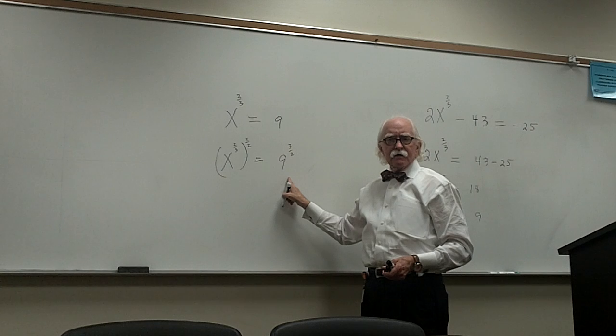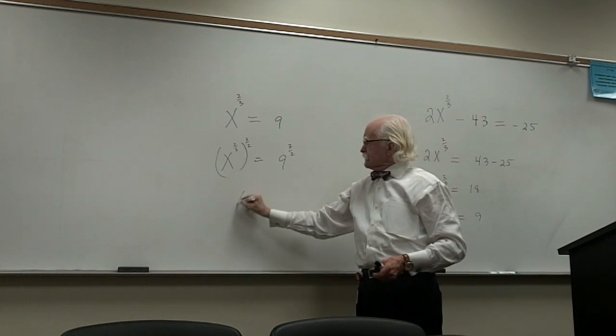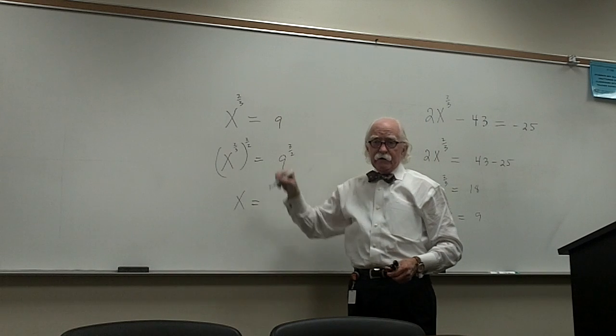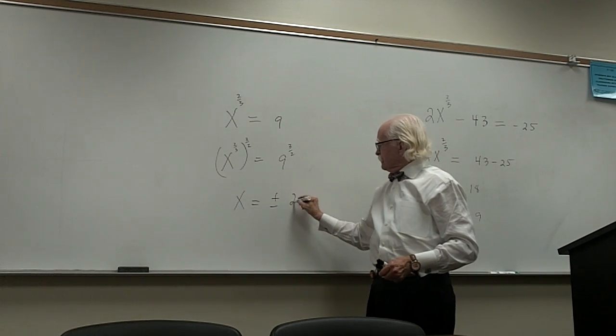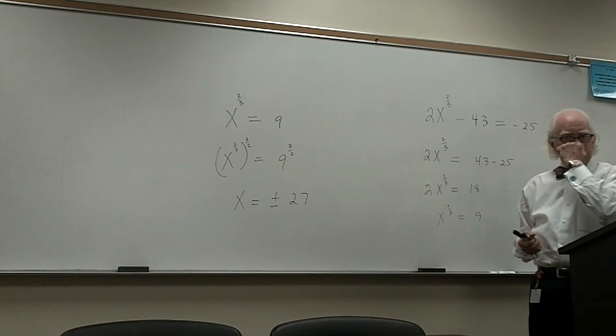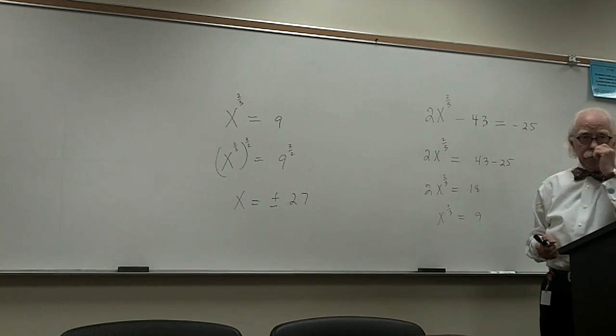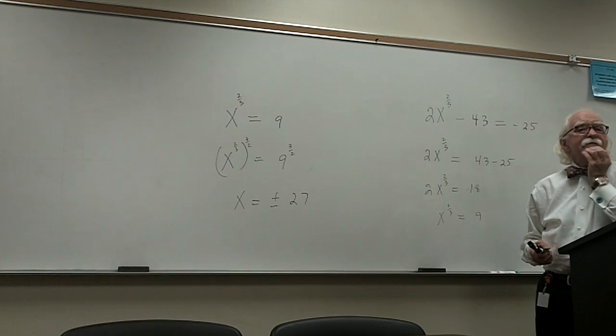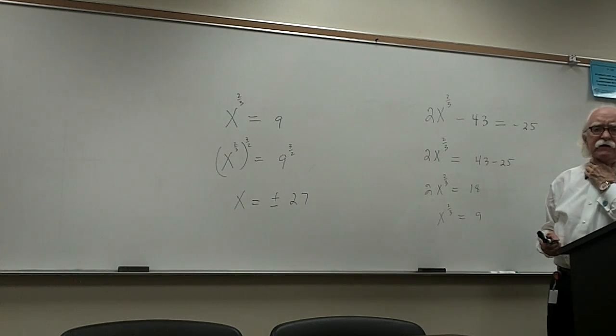Does everybody see that? So this becomes just an x. And because that was a 2 up there, be careful that you don't miss the plus or minus 27. Everybody okay with that?